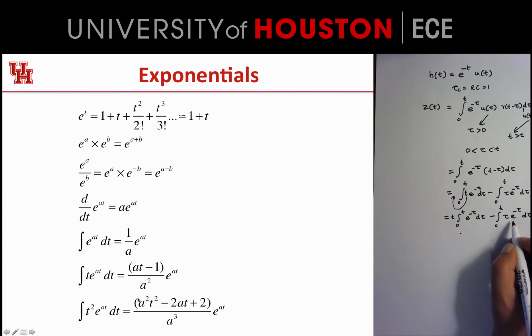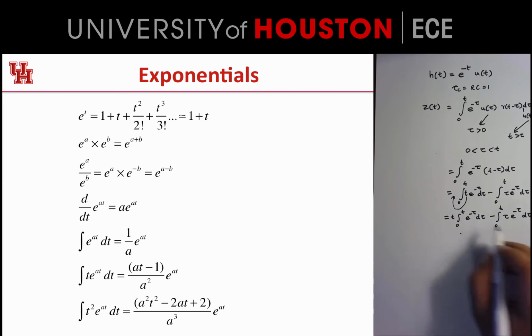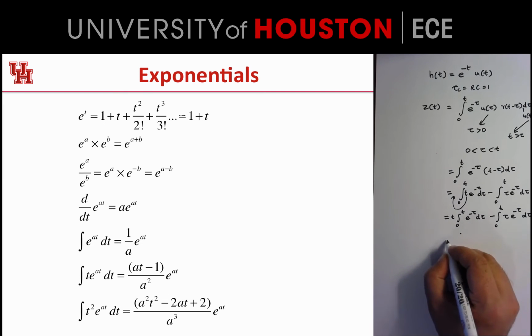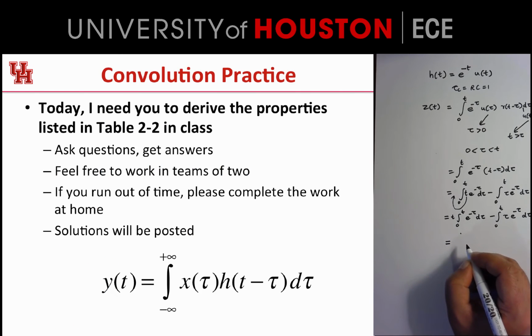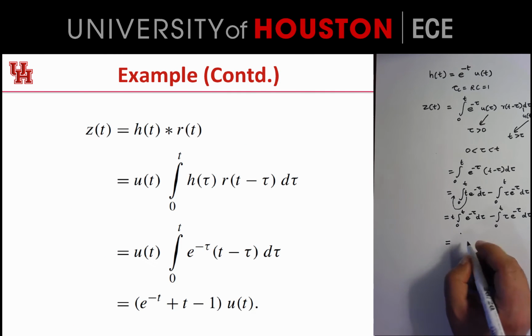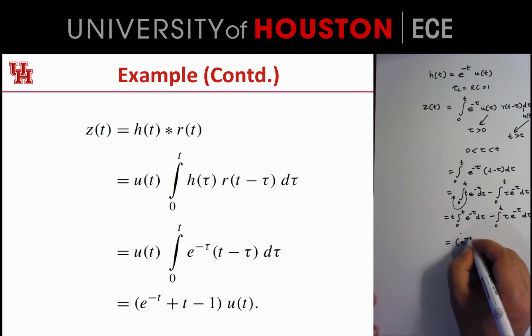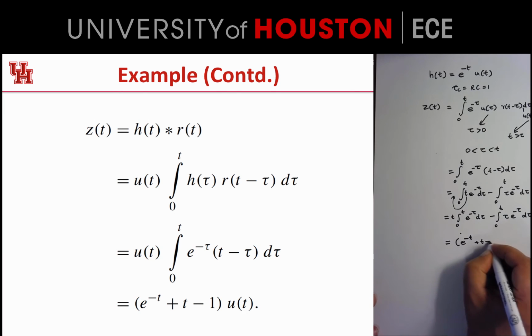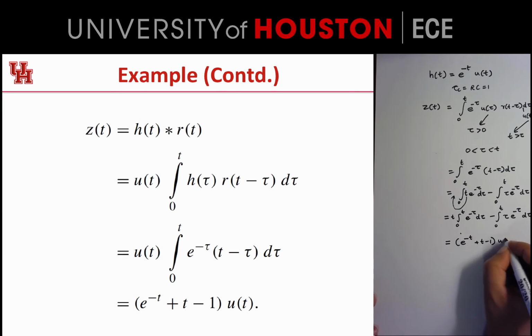If you look at the second to last entry there, that describes this integral. You can use that and figure out the answer, and it turns out to be e to the minus t plus t minus 1, times u of t.